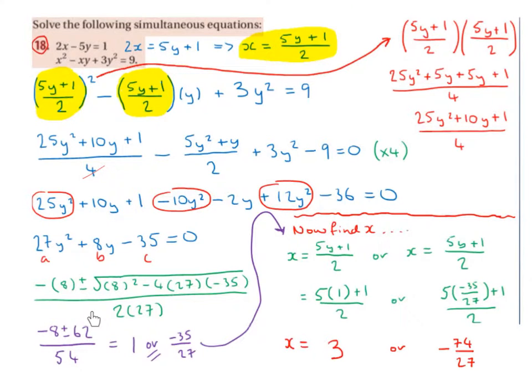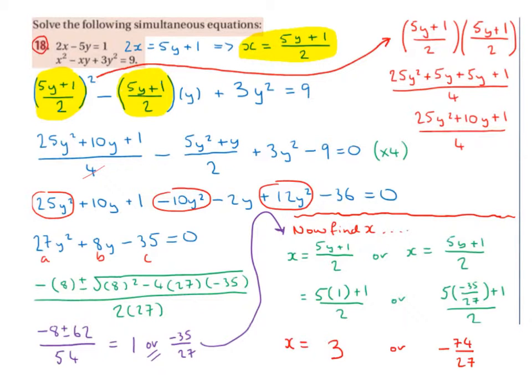So minus 8 plus 62 over 54 gives us 1. And minus 8 minus 62 all over 54 gives us minus 35 over 27. So now we have two values for y.